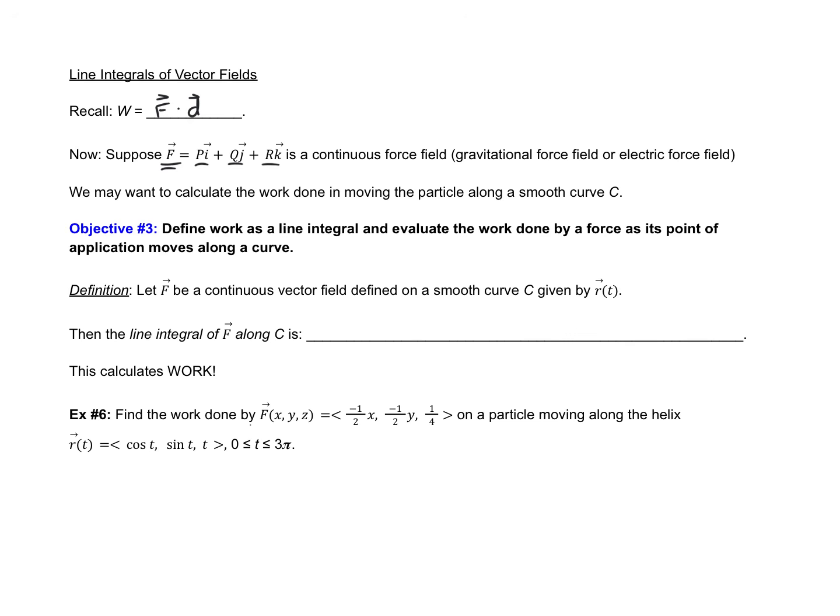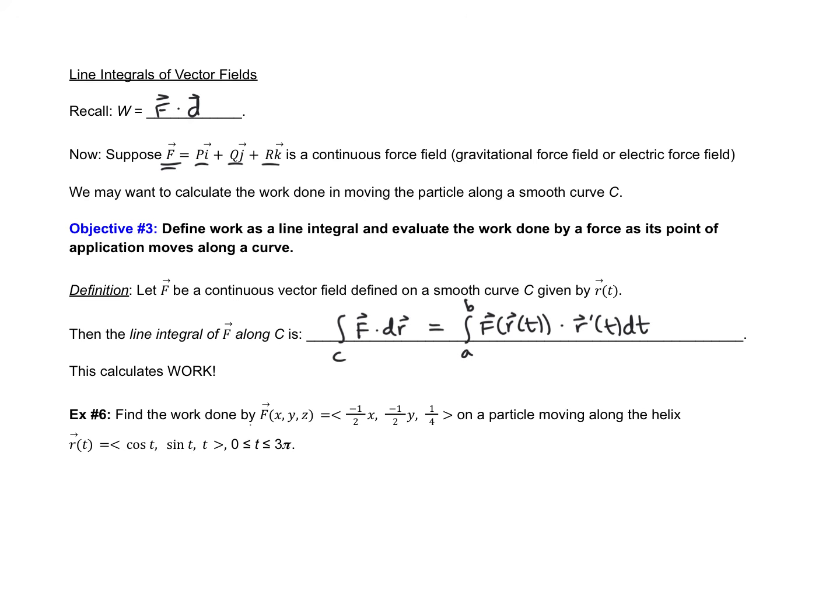Then the line integral of f along C is the integral over C of f dot dr, so that's different. The way we calculate this is the integral from a to b of f of r of t dotted with r prime of t dt.